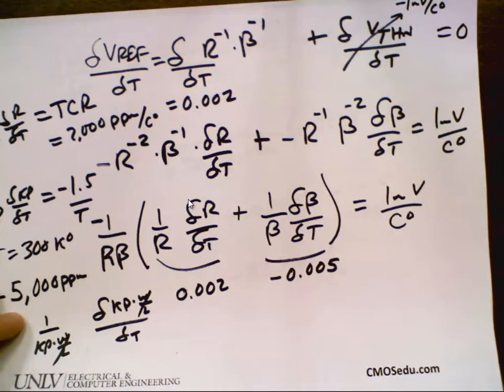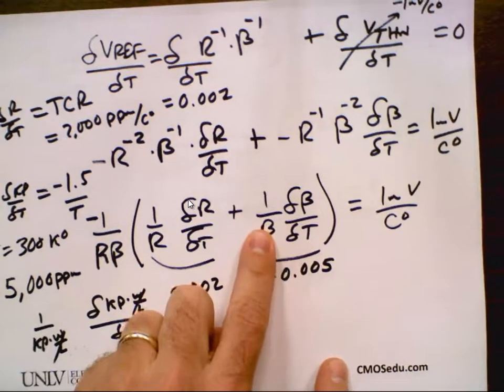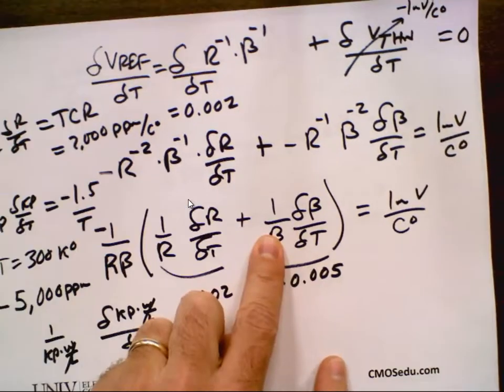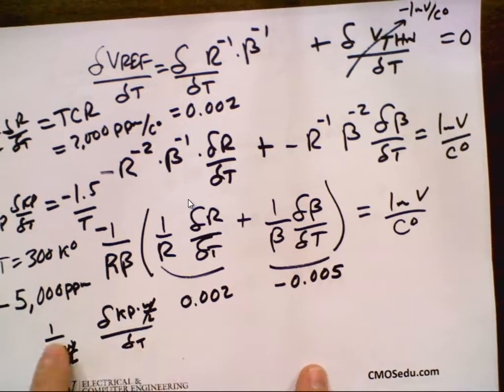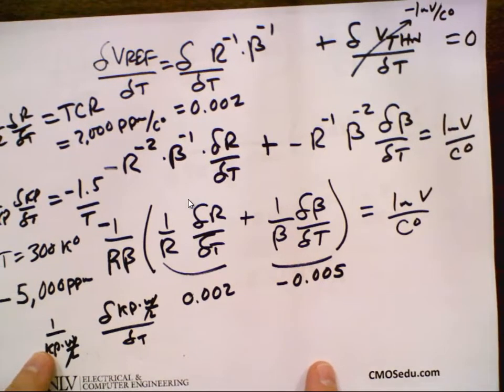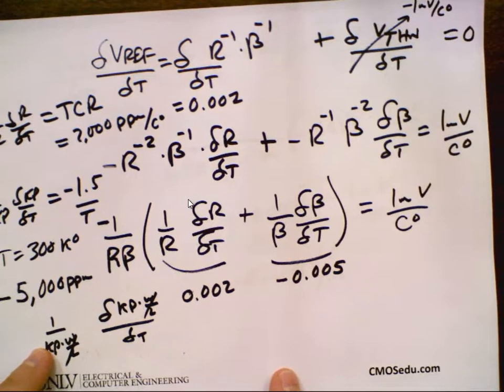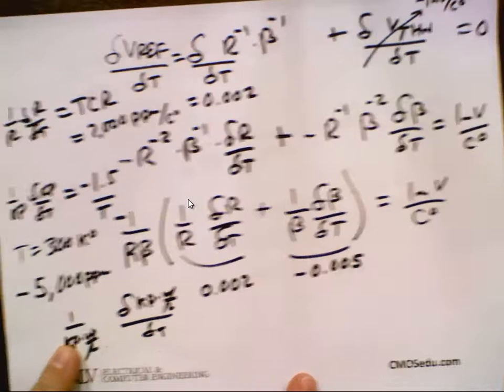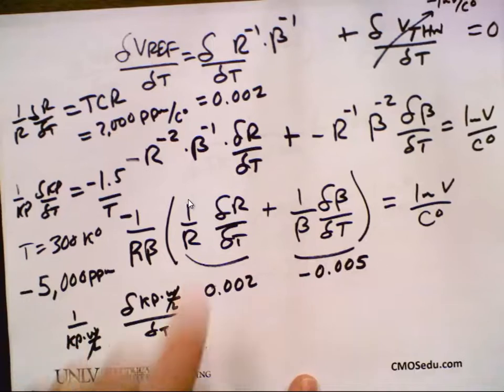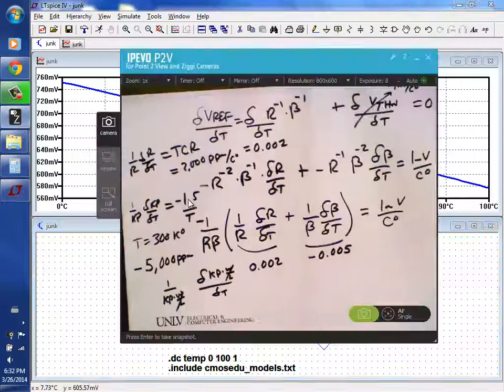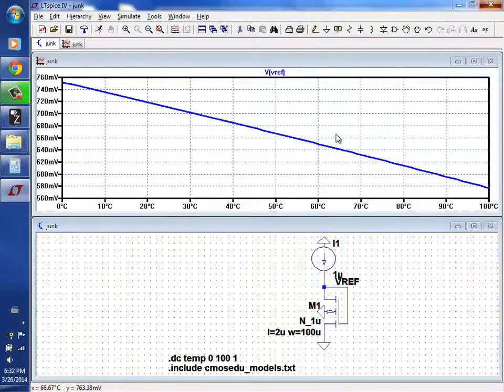All right. 1 over K. Oh, no, it's the same, though. Oh, the W over L cancels. Yeah, like this. I don't know. It's the exact same thing. Those won't add, they will subtract, though, the 0.002 and the 0.005. Well, I'm assuming that the TempCo in there was.